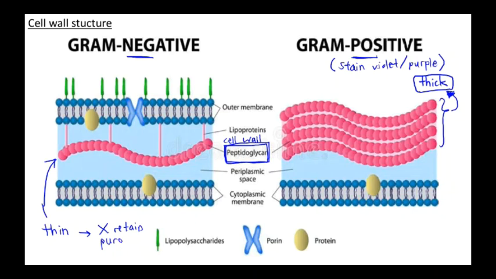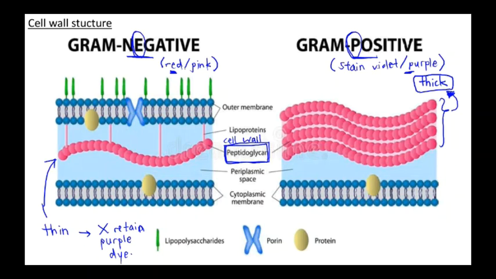That's why if we wash it with alcohol, it will wash away the purple color, and it will only get stained with the last color given, which is the color of the safranin, a red dye, or sometimes it looks pink. From the color itself, we can tell which is a gram-positive bacteria, that's why purple, and which is the gram-negative bacteria, that's why it's red or pink.